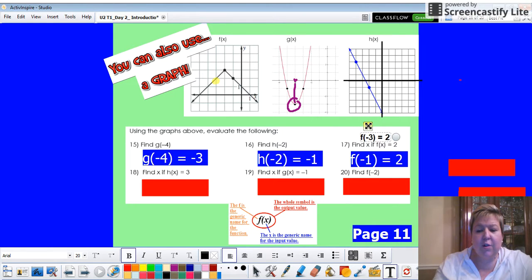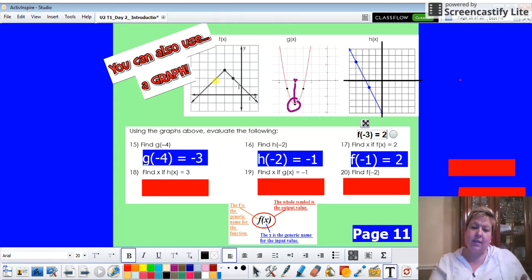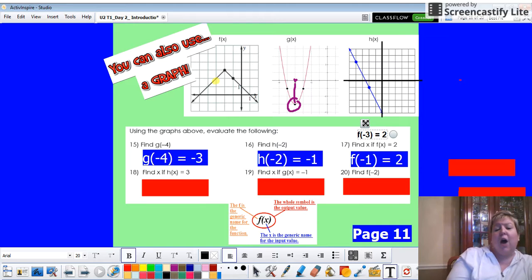You've got to be careful when you have function notation. In this case, there are two inputs that give us the same output, because x can be -3 or x can be -1, and both of those x's will give us an output of 2.